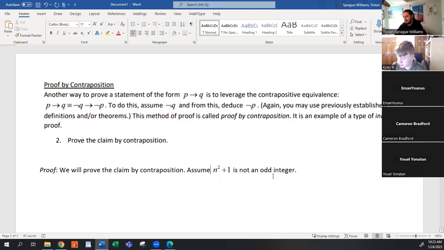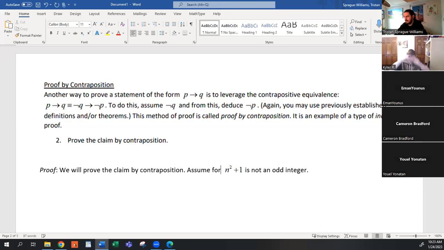And one of the things I want to do here is make sure that we are still going to stay within the domain. This is sort of a choice on my part here. We're going to stay within the domain of integers.